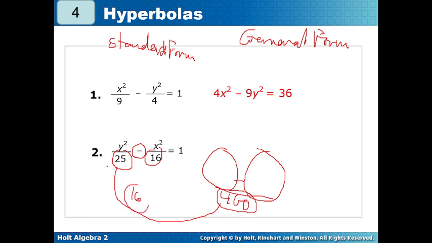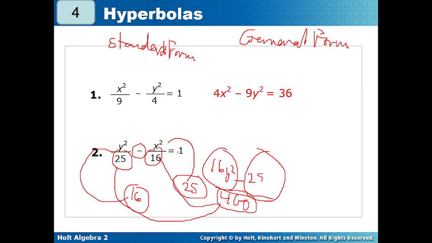So 16 multiplied by y squared is 16y squared. And for the other numerator, 400 divided by 16 is 25, correct? And when we multiply 25 by x squared, the answer is 25x squared.